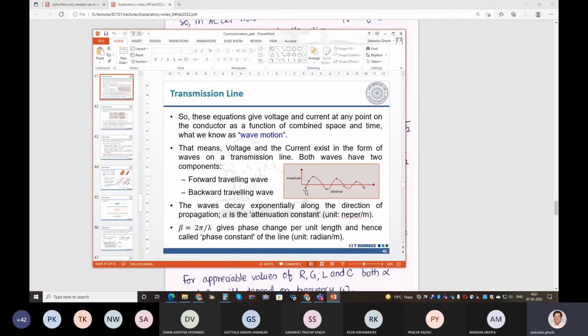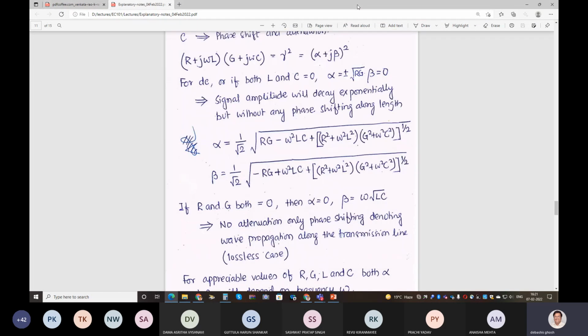This waveform is due to the phase shift. In that case you will not have this type of waveform, but your signal amplitude will just keep on decaying exponentially. So if I sketch the waveform, it will be like an exponential curve. When beta is equal to 0, alpha is equal to plus minus root over RG. So it will be only decaying, only attenuation.